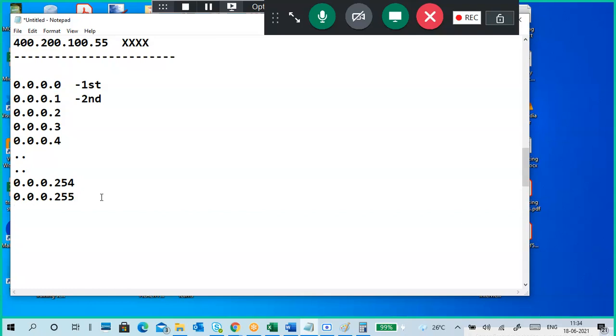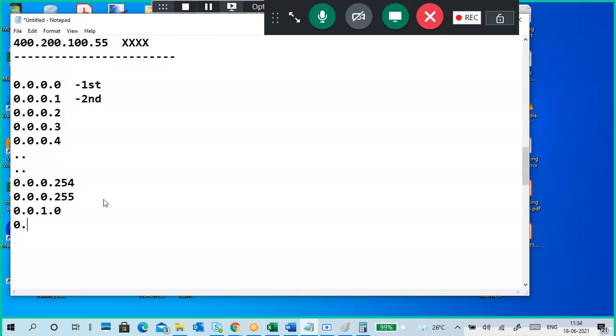Then what will happen? After completing the last octet, it moves to the third octet and it becomes 0.0.1.0. Like 99 finishes and becomes 100. That's why I told that example.